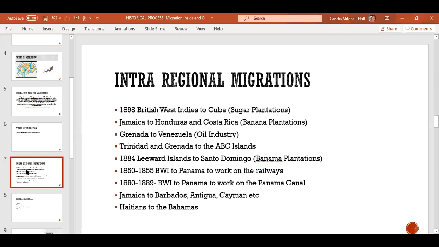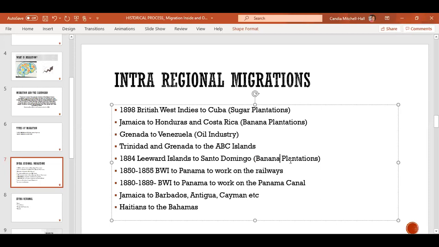And in 1884, we have citizens from the Leeward Islands, such as Antigua and those other territories, who would have gone to Santo Domingo to work on banana plantations.